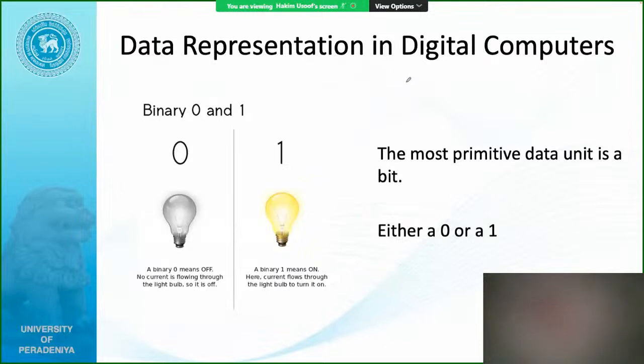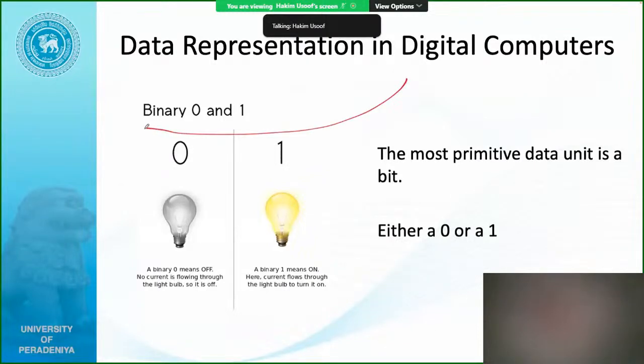Because it is 0 and 1, we call it binary. Bi is like 2. So modern day digital computers basically use what's called binary, right? So your computers work on binary.